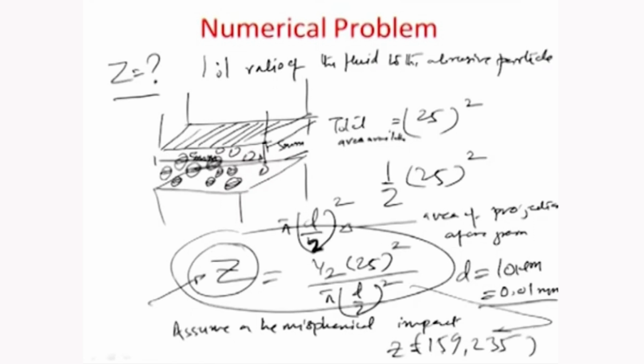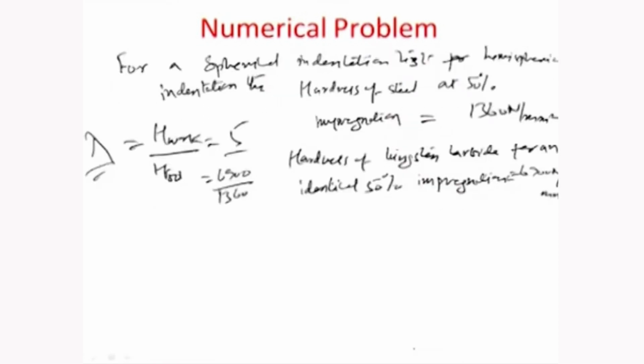So many particles are there between this tool surface, okay, and the workpiece surface, assuming a 1:1 ratio of the fluid to the abrasive particle in the slurry. So, we already have the Z value, we have calculated or modeled the lambda value, and now the question of the grain projection comes into picture.